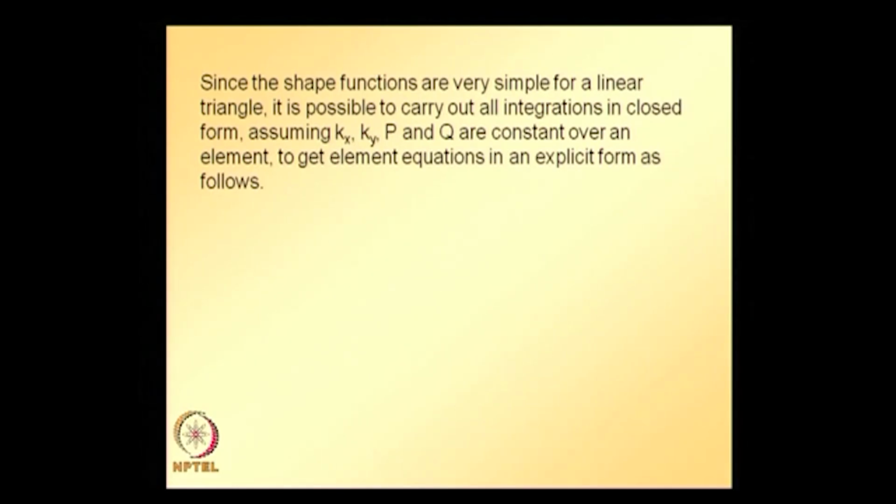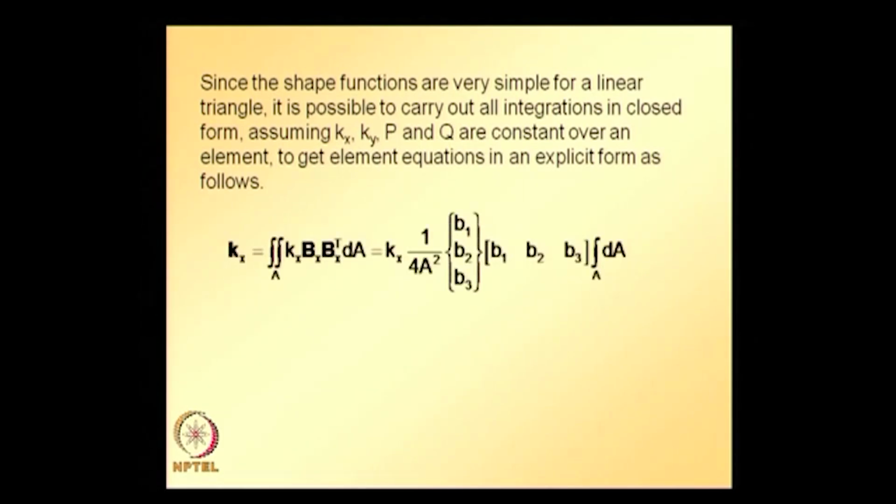So now let us assume these are constant, and see how to simplify further the matrix kx. Matrix kx is defined like this: integral of the coefficient kx times bx times bx transpose, integrated over the entire element area.